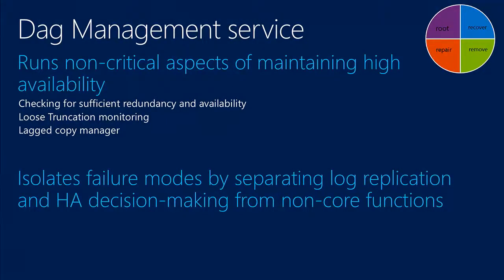And in doing so, that not only makes the replication service leaner and better, but it also means that managed availability now can target these low-level activities for termination without interrupting continuous replication. So as an example, the DAG management service is having some sort of an issue with one of its functions. Managed availability can terminate and restart that service, and the replication service is completely unaffected by that. So it's a win-win from an architectural standpoint.